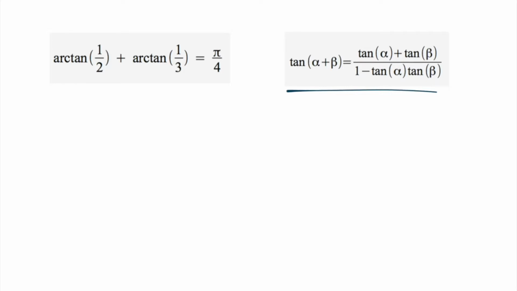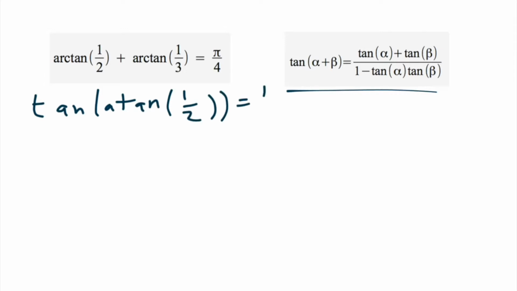The other one is probably something you already know, but let me just refresh you here. If you take the tangent of arctan 1/2, I'm just writing atan to save a little space, this is just 1/2. The tangent effectively undoes the arctangent. And you might be wondering what happens if you take the arctangent of tangent.